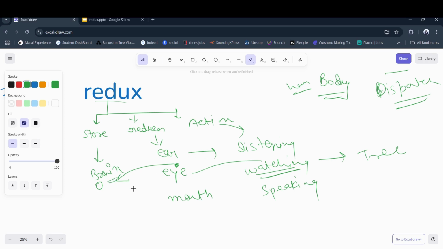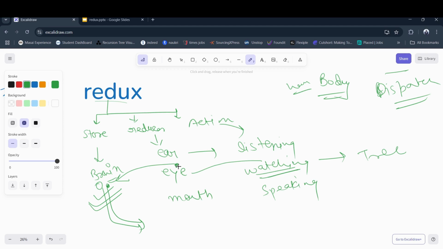And now the brain knows that yes, there is an action performed, watching of a tree. And now this brain can send the details somewhere. Like if someone is asking what you are looking at or what you are seeing, at that time the brain can dispatch. Dispatch means sending the data, or using the data.